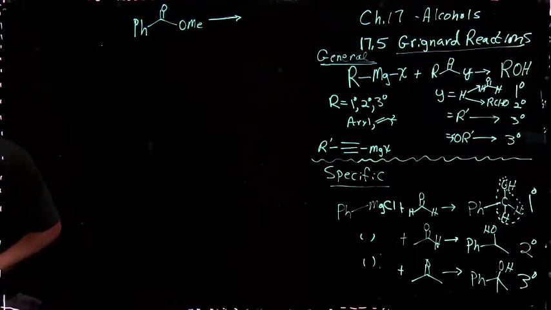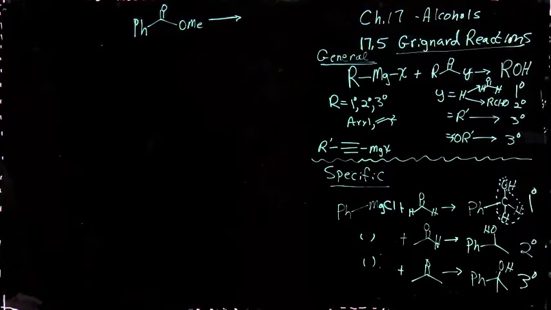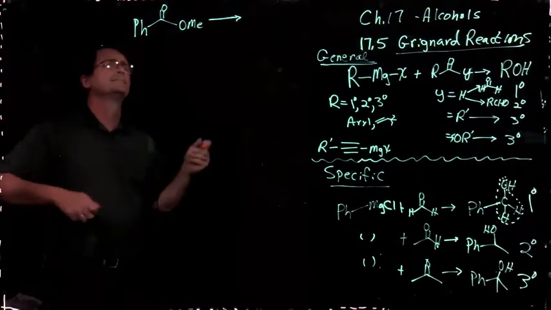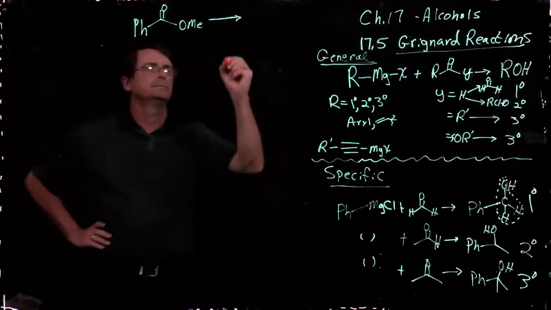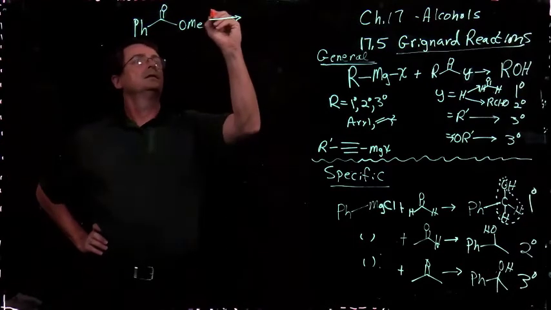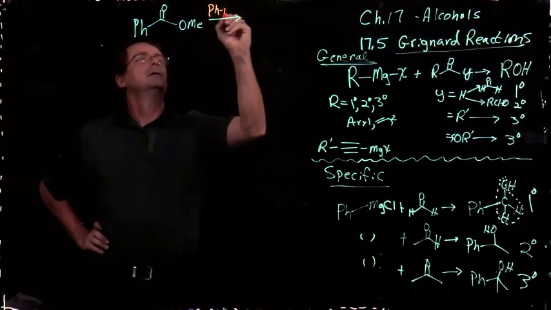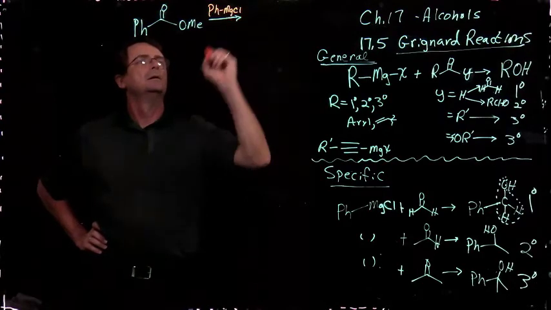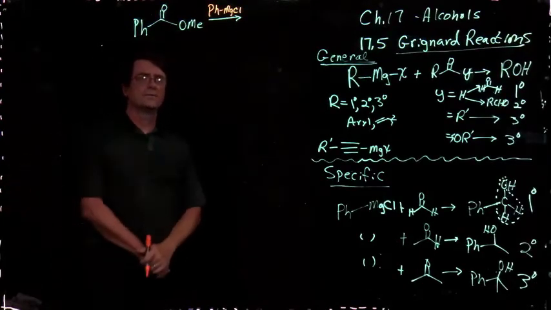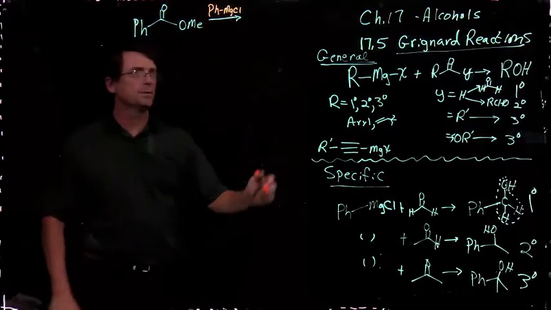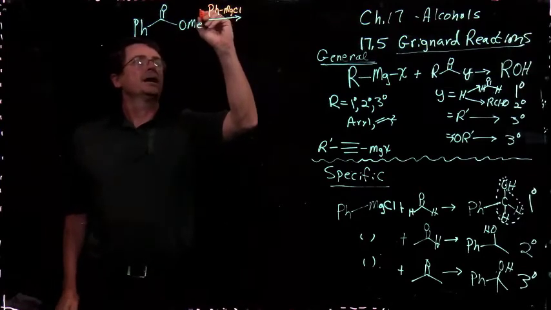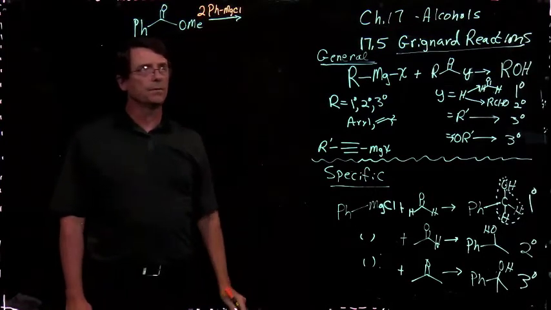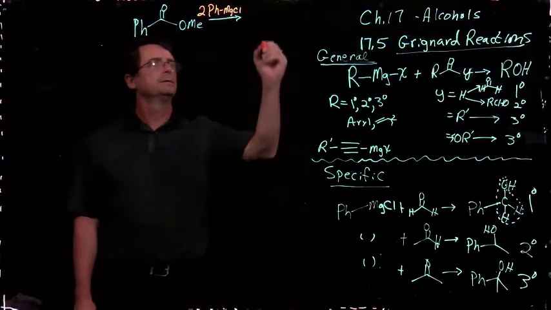This one seems to be getting tired. So if we react our phenyl Grignard with methyl benzoate, we actually need 2 of these for the reaction to go to completion.